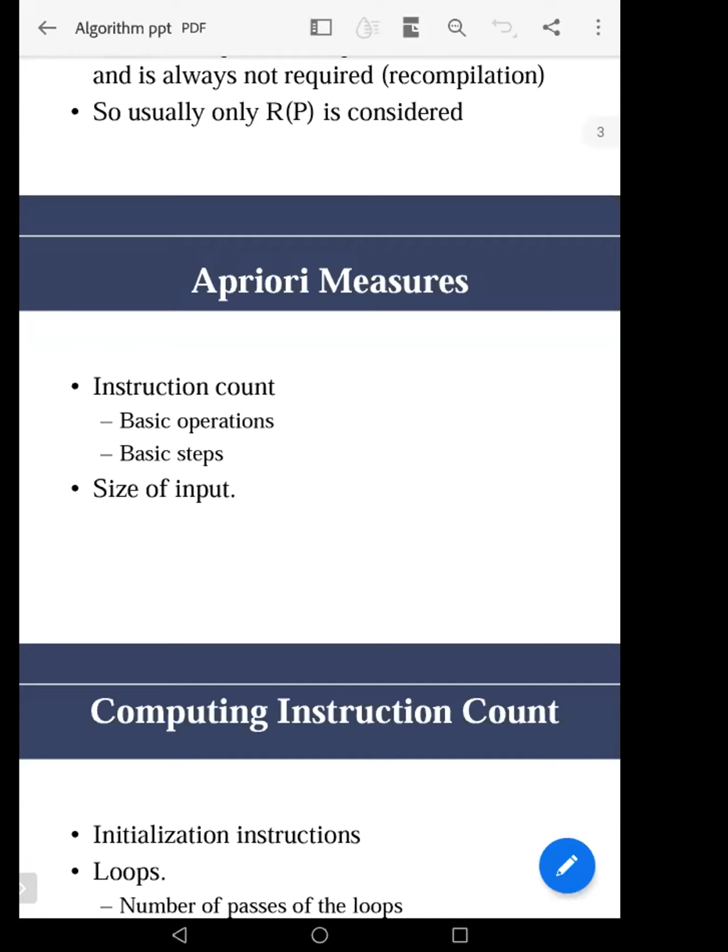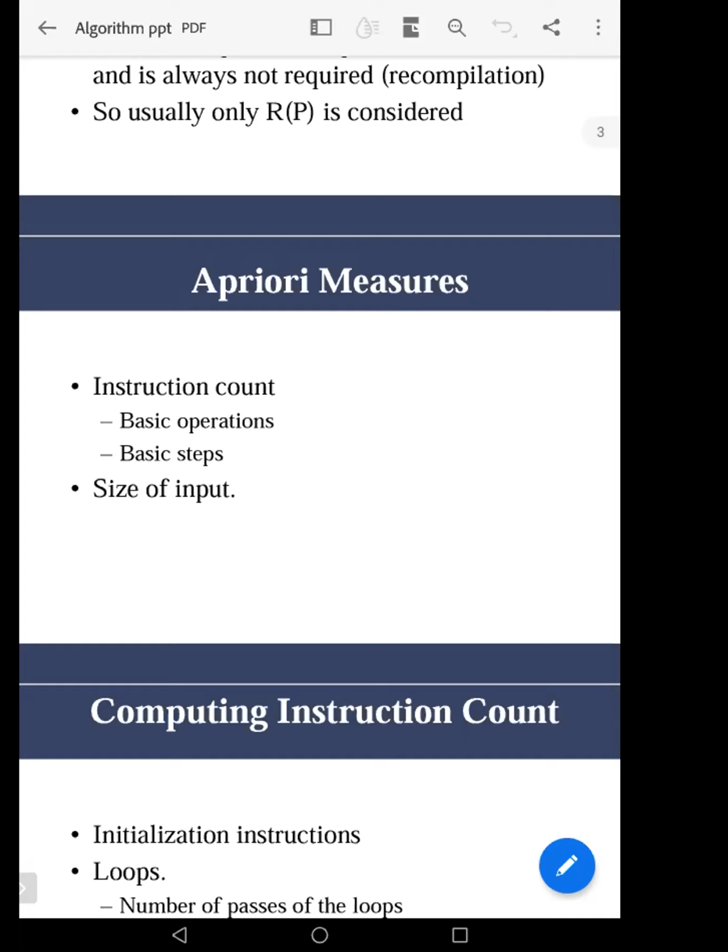In order to find the total running time, you have to count each and every step of the algorithm, whether it is an assignment statement or a loop. If there is a loop, you have to count the loop heading and also the body of the loop. If a function contains a return statement, we have to count the return statement. If it contains any mathematical operations or assignment statements, we have to count those separately.